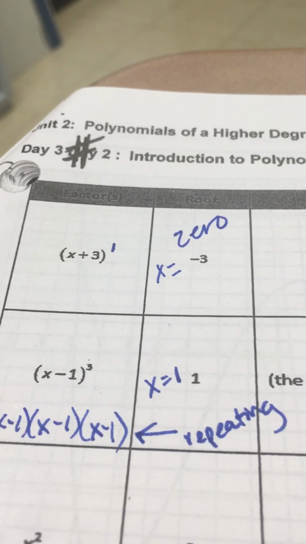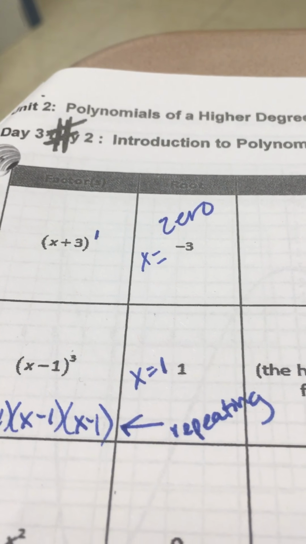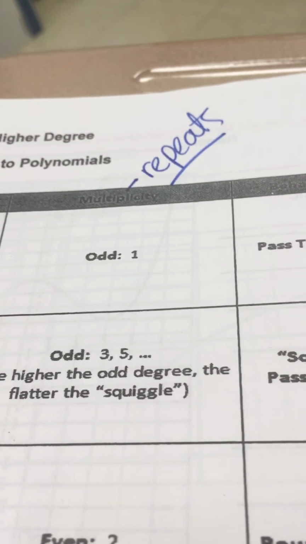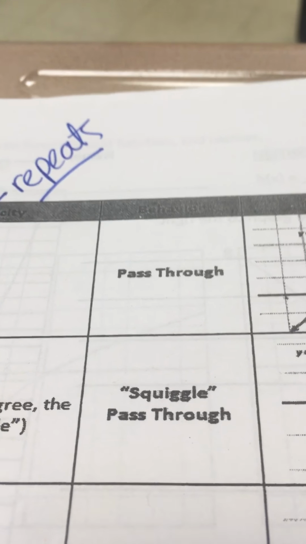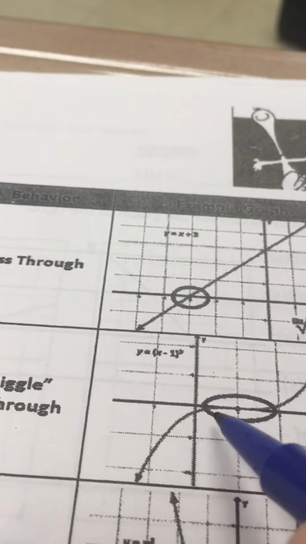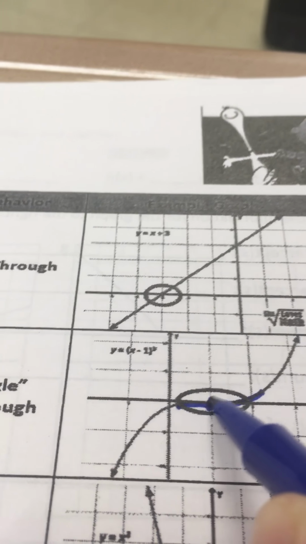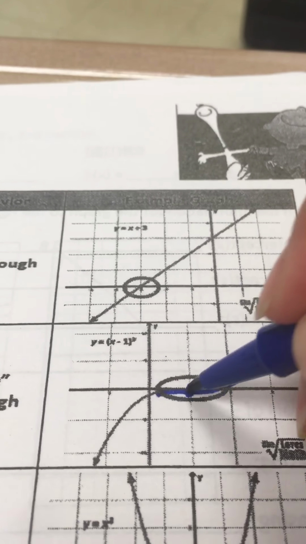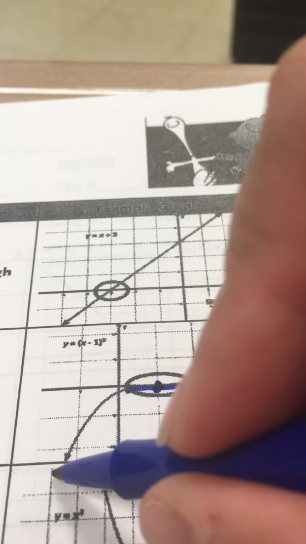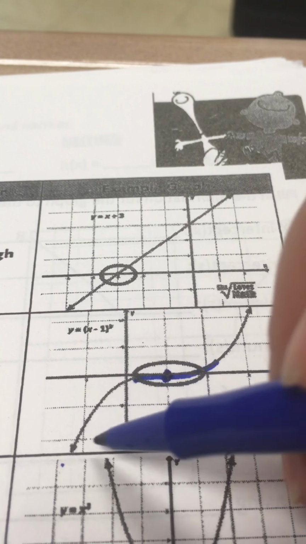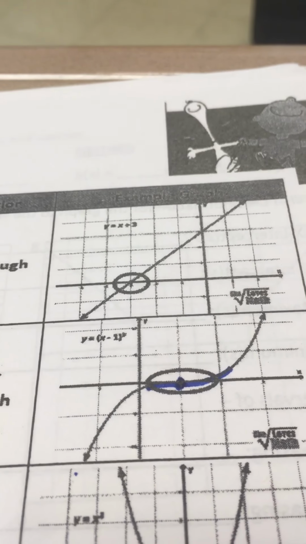So when we start looking at odd degree graphs, one side is going to be up, one side is down. And the more it repeats, the flatter it goes through the x-axis. So there's the repeating 0 of 1, and when it goes up, instead of being like a straight line, so it happens one time, it starts getting more and more flat.